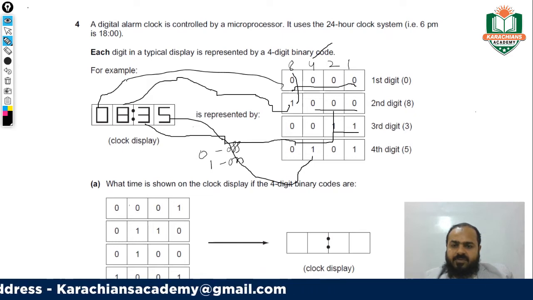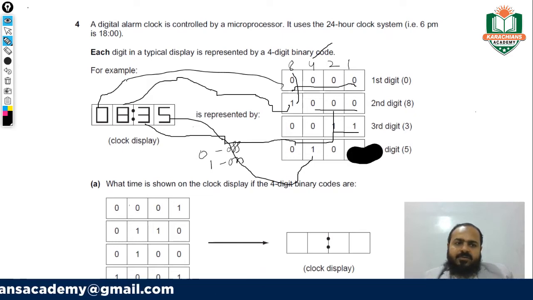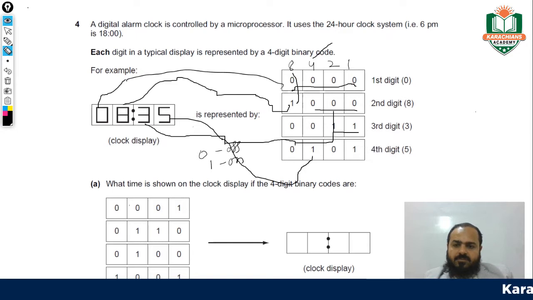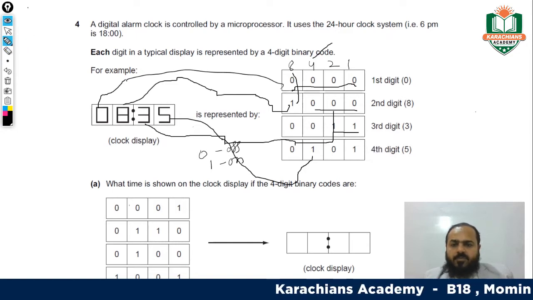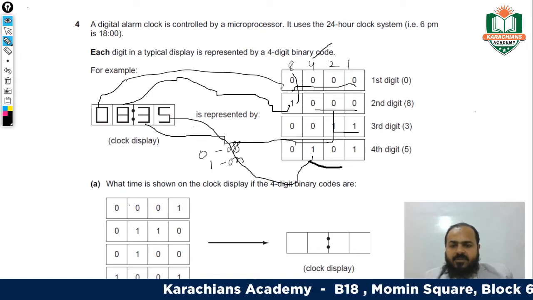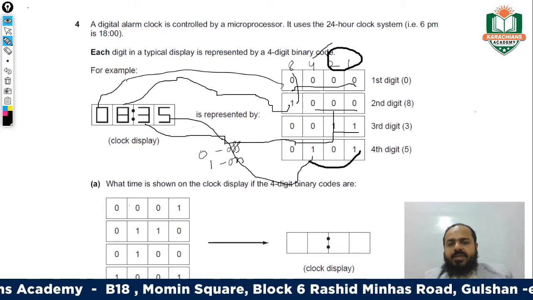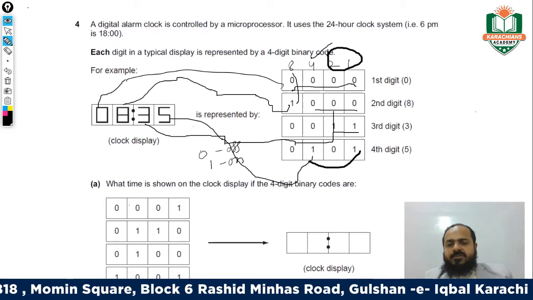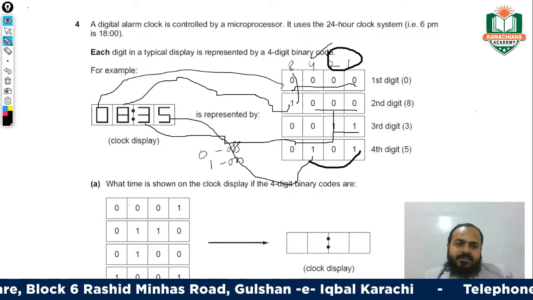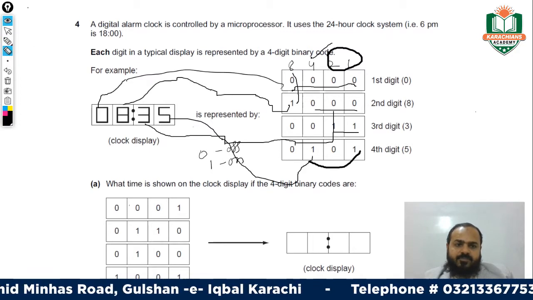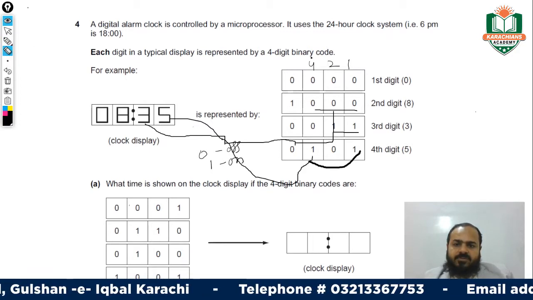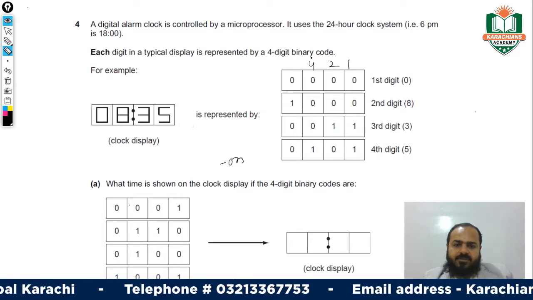So 4 plus 1 is equal to 5. 2 plus 1 is 3 and 4 plus 1 is 5. So I hope you understand this thing. So this is the topic that I explained to you.